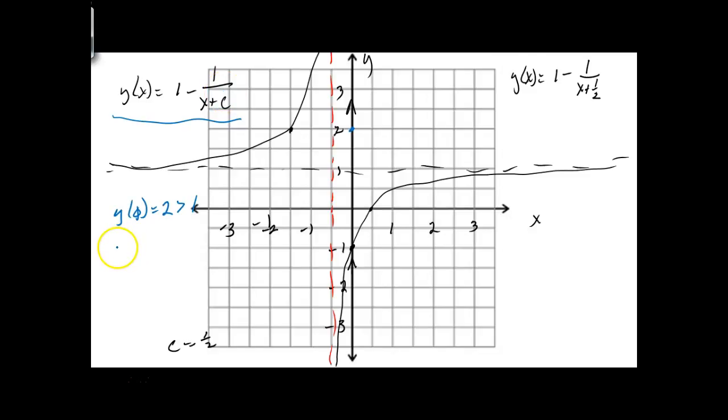So your y of 0, and we know that's equal to 1 minus 1 over, x equals 0, C, same as before. I'm sorry I erased it before. And this time it is equal to 2, not negative 1. Okay? So what do we do to solve for C?